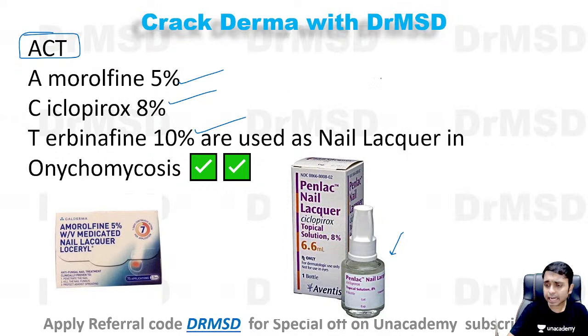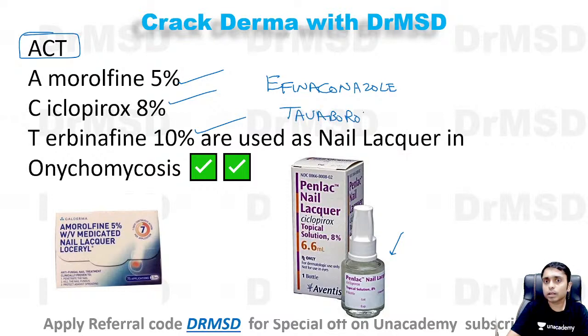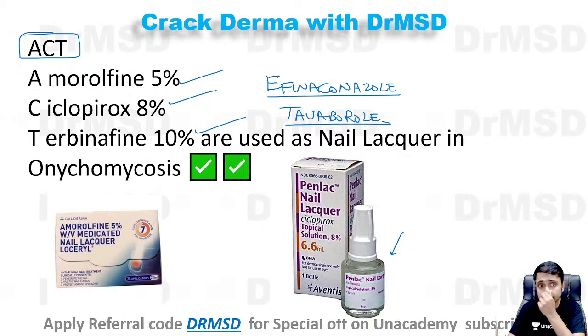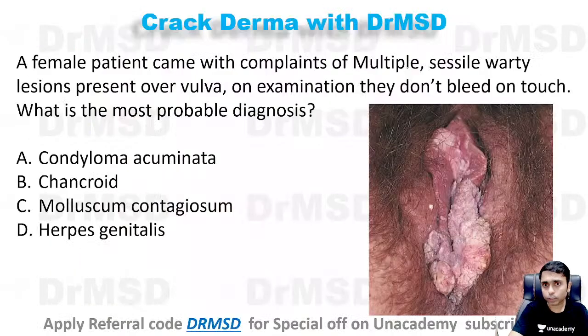And not only these, there are two more which you need to remember: efinaconazole and tavaborole. So these are the other two nail lacquers which can be used in the case of onychomycosis.